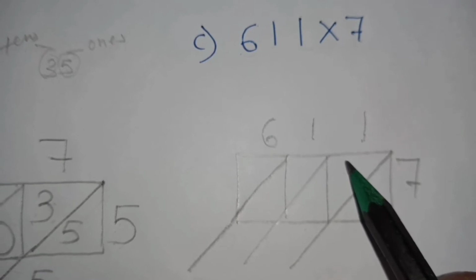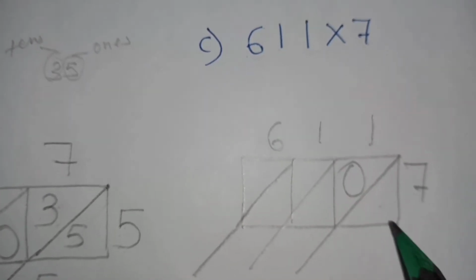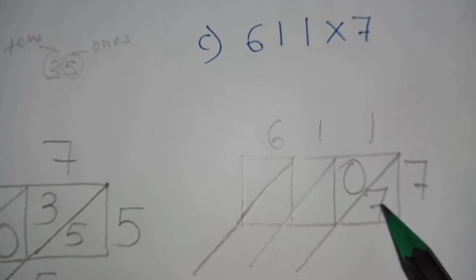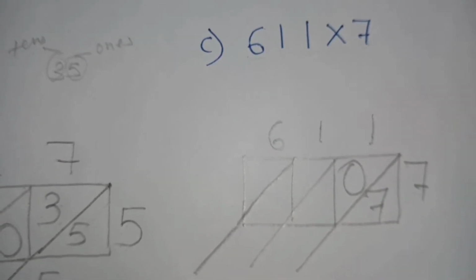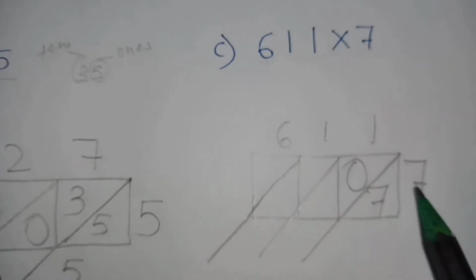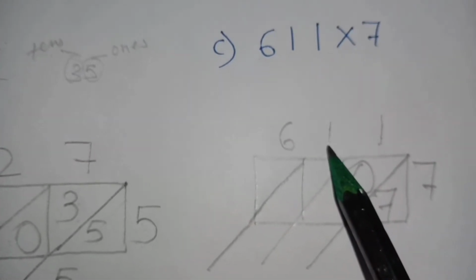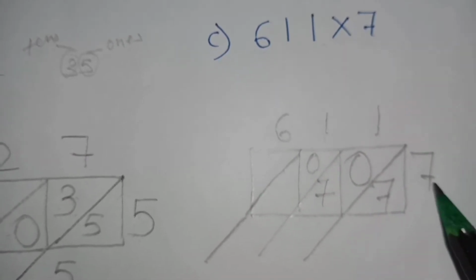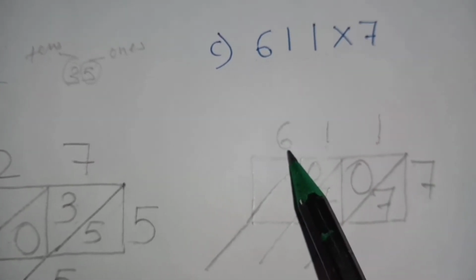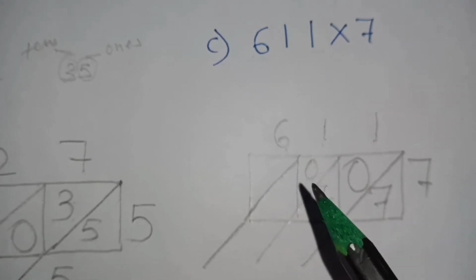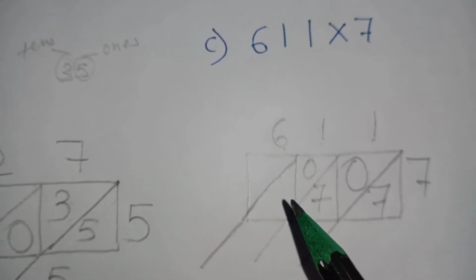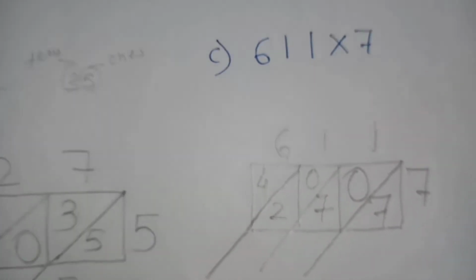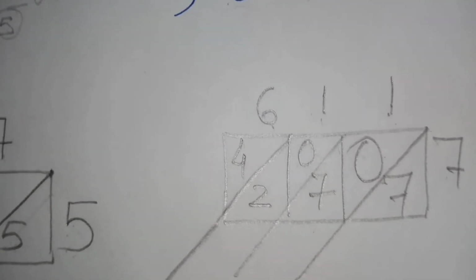In tens there will be 0, and in ones there will be 7. 7 ones are 7, so here it will be 0 and here it will be 7. 7 sixes are 42. So 4 is in the tens place, 2 is in the ones place.